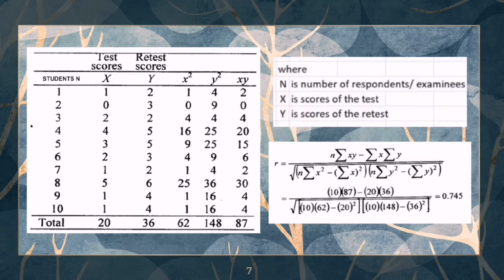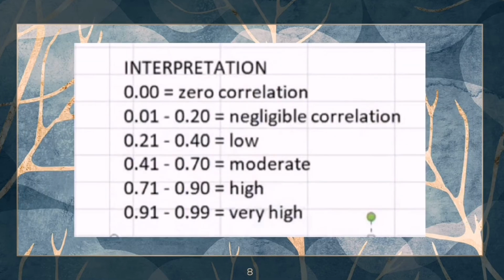So, now titignan na natin kung naging reliable ba yung test na binigay natin. We have an interpretation, as you can see on the screen, na meron dyang numbers, and yung bawat numbers na yun ay may equivalent.